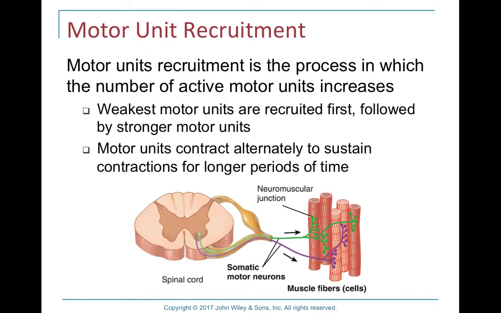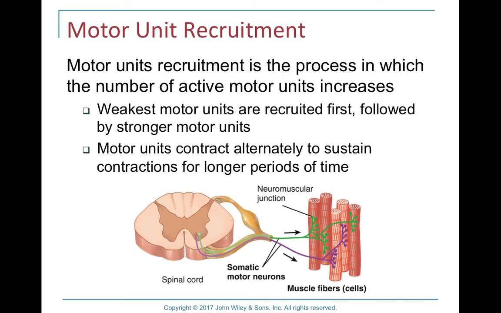So we said that the more motor units we have, the stronger the contraction. So then we try to recruit more motor units so that we can increase the active number of motor units. We'll generally recruit the weakest ones first, then the stronger ones.